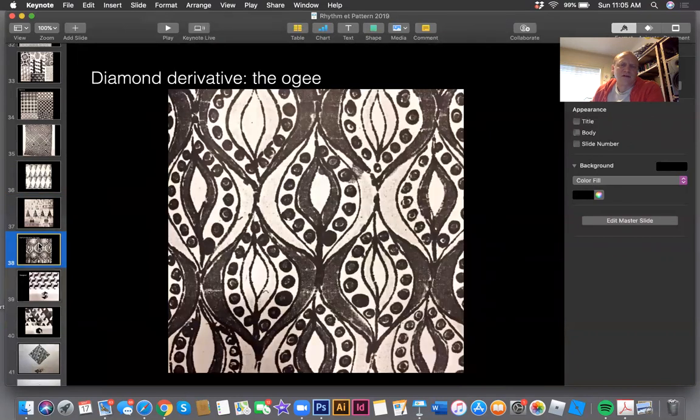This is a sort of organic derivation of the square pattern, the half dropping, the OG. And you can see for an OG to work, this curve right here has to be the exact same as the meeting curve up here, so that they all fit together in this cell matrix.